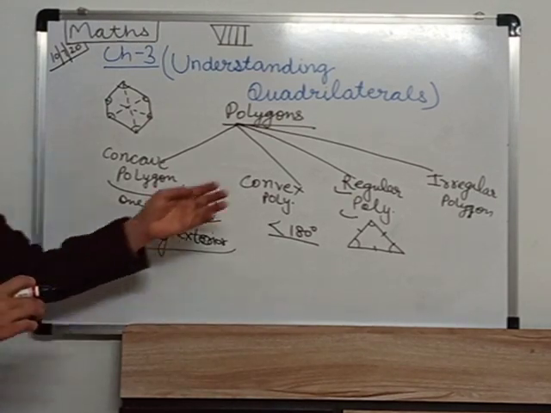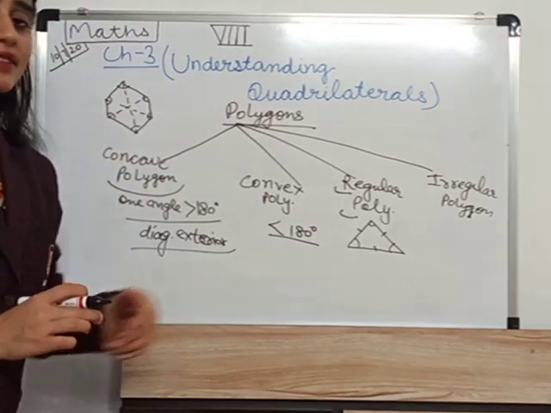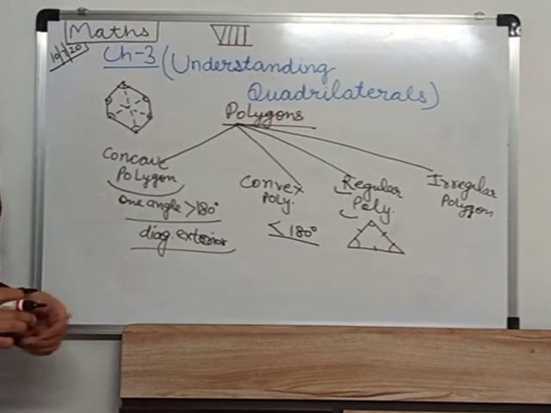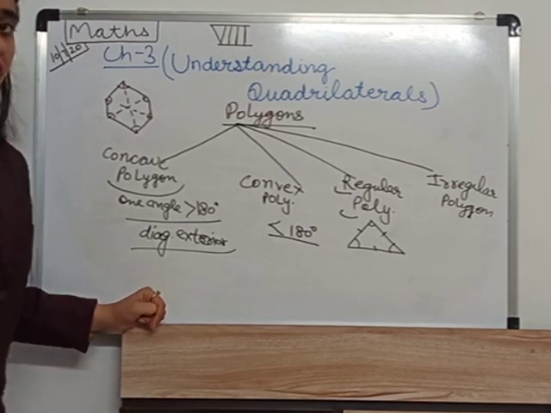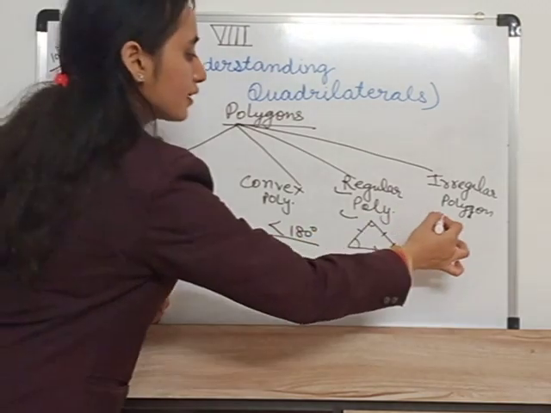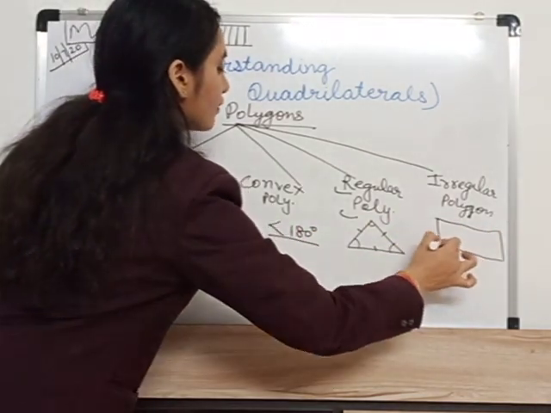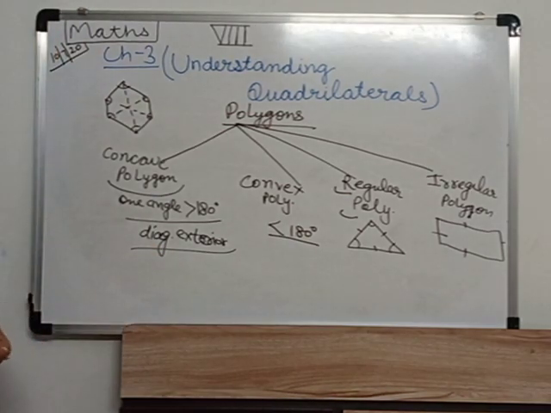In an irregular polygon, all angles and sides are not equal. You can take the example of a rectangle also, because in a rectangle the sides are not equal but angles are equal. So we can take this example for irregular polygon also.